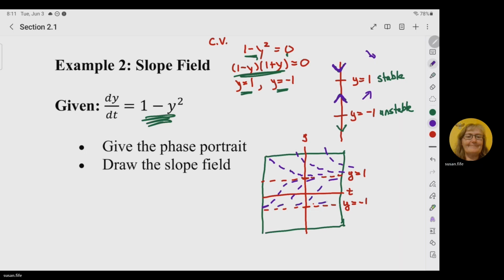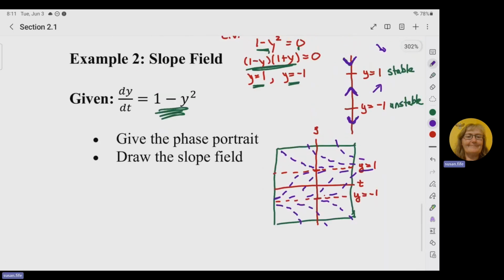Like that. And then below y equals -1, my slope is negative. And again, at y equals -1, it's going to be relatively level. And then it will get more and more negative as it gets further away from y equals -1. And so here's a quick sketch of what a slope field would look like. And that's it for 2.1.